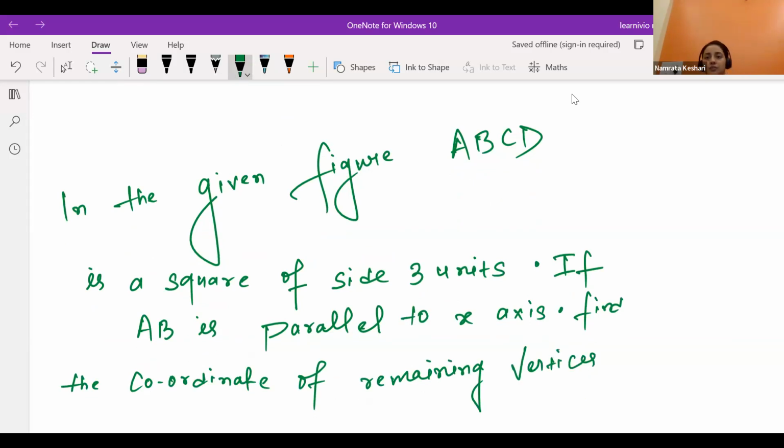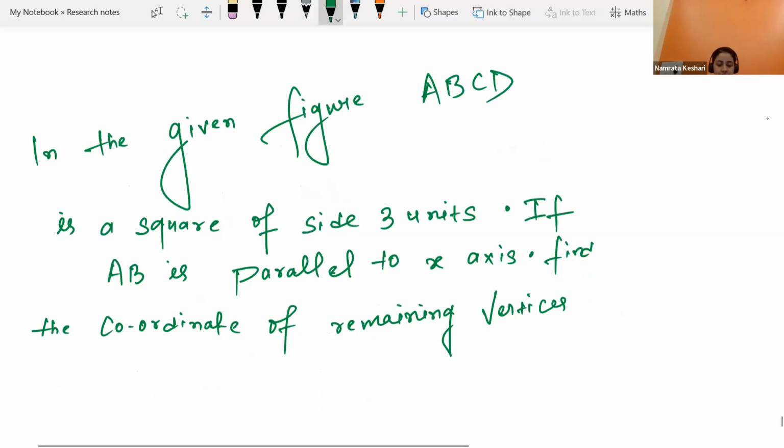Let's check the figure. The figure is given.